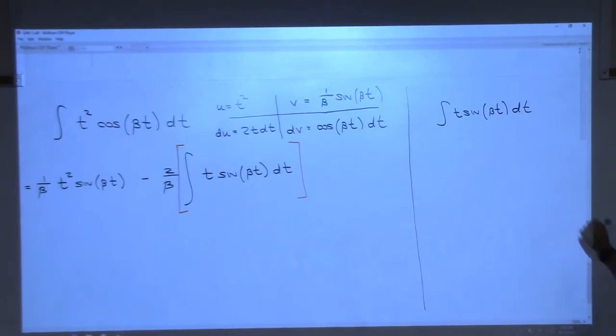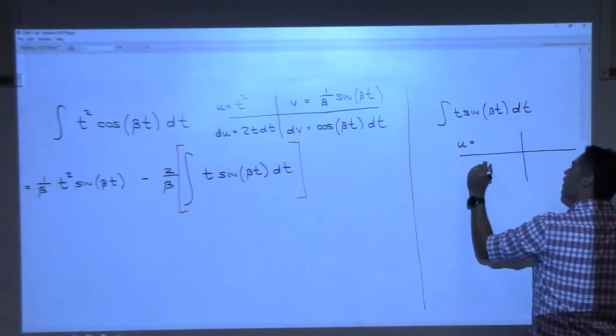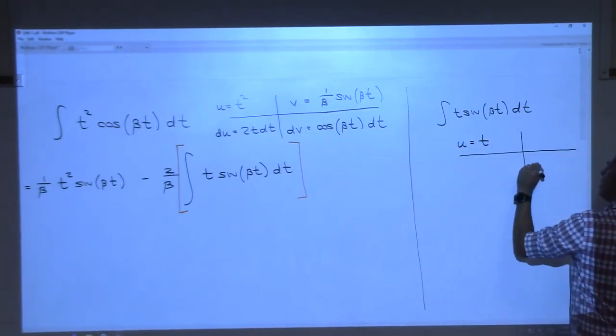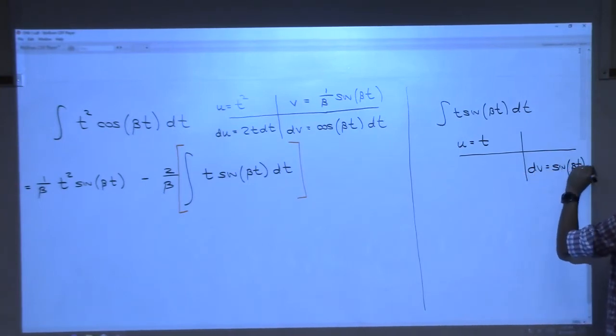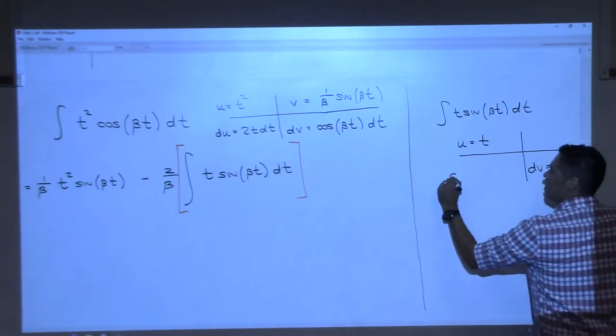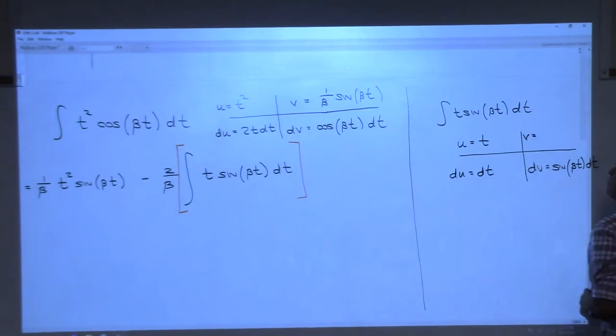You make up a new table for integration by parts. u is what? t. dv is sine beta t dt. I'm pretty sure that's off camera. It's pretty close. And then du is dt. And v is, what is v?